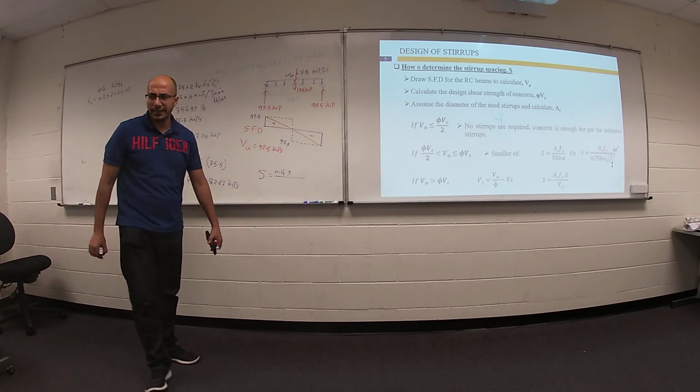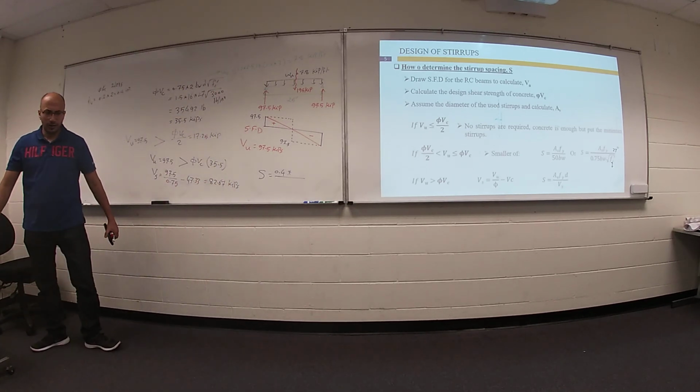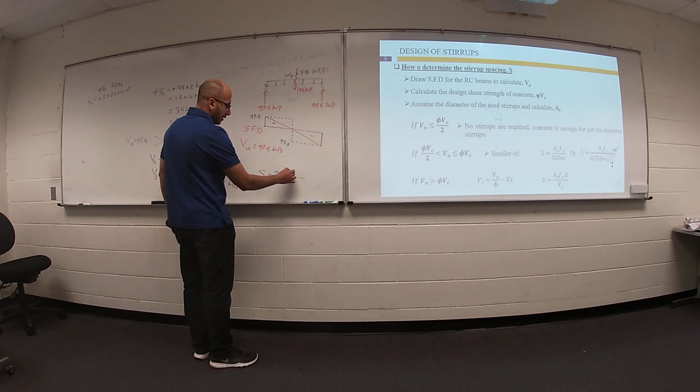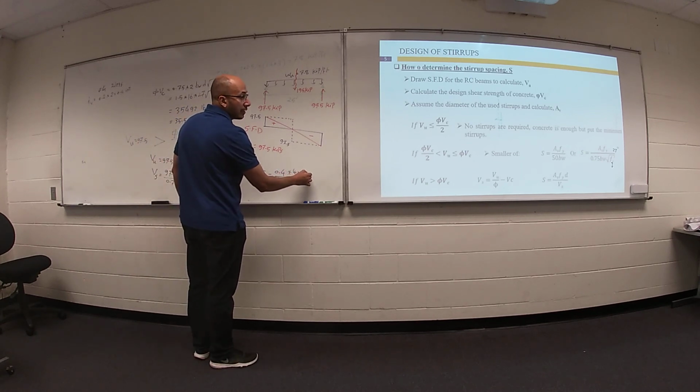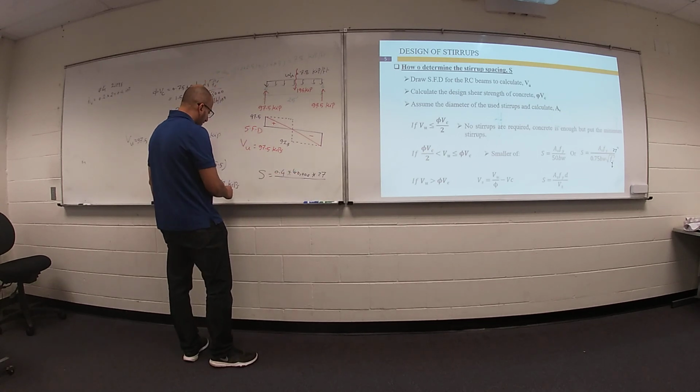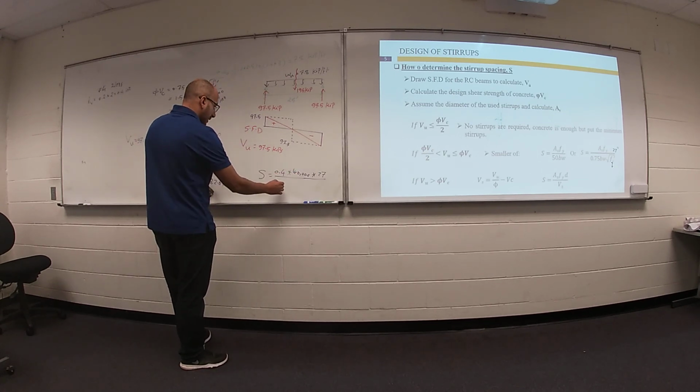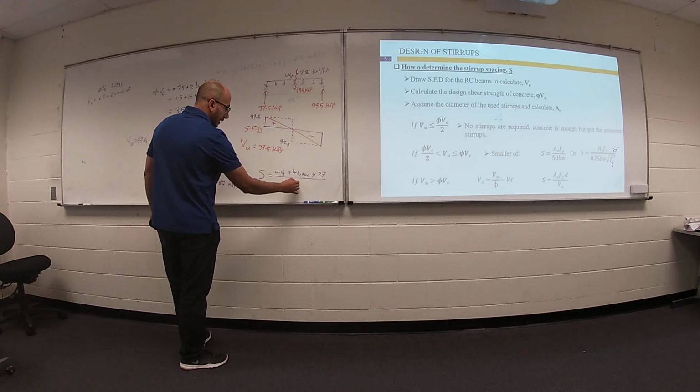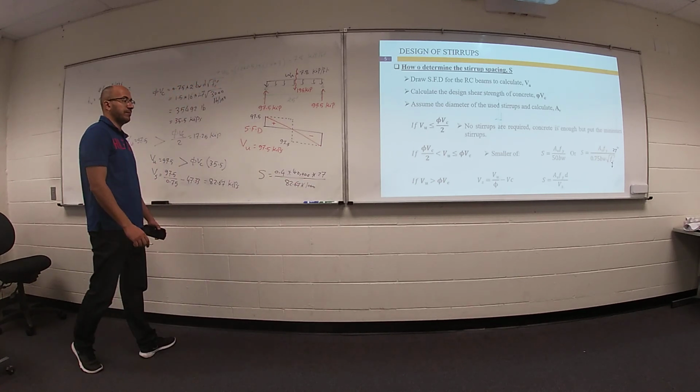What is the value of f yield? 40,000. Depth 27 divided by Vs, which is 82.67 times 1,000. Don't forget 1,000. Why?